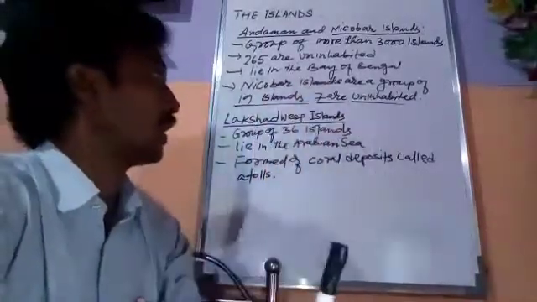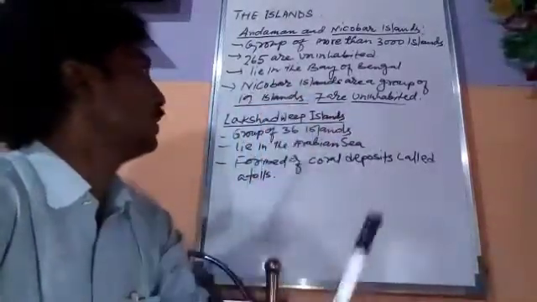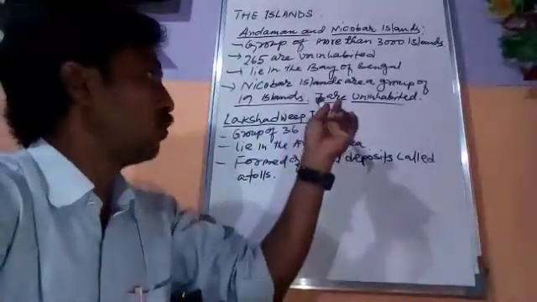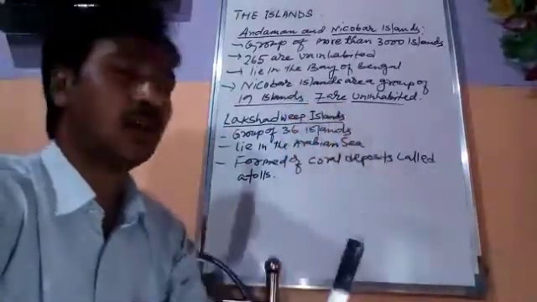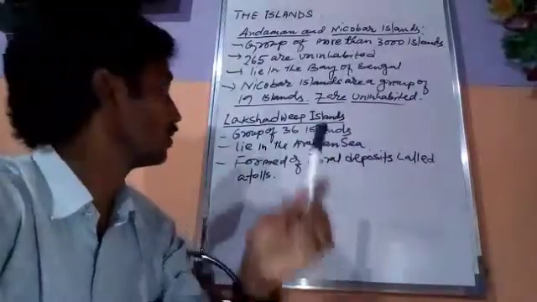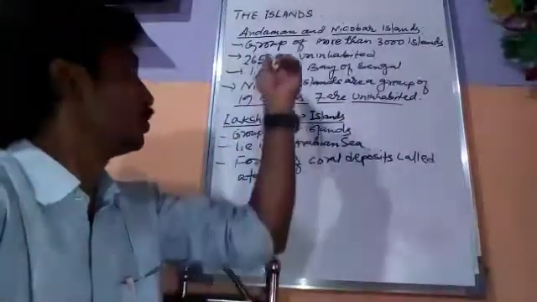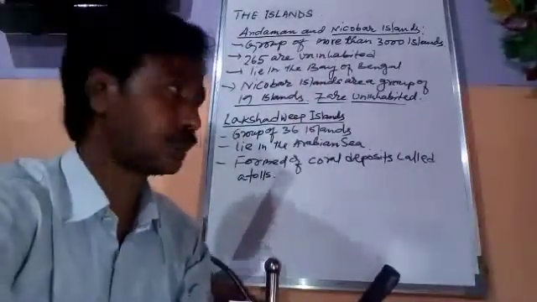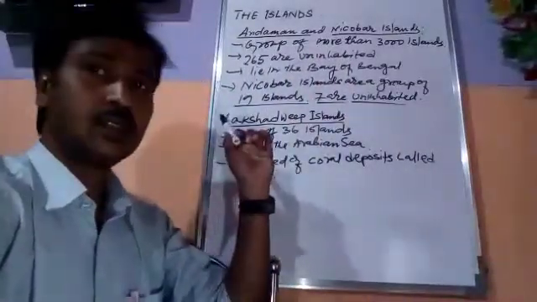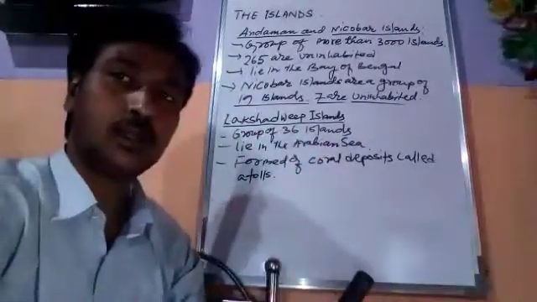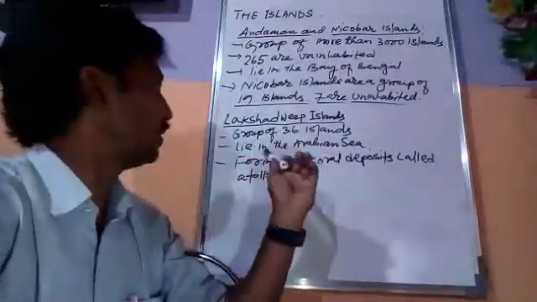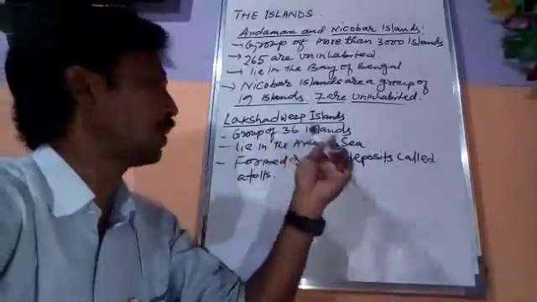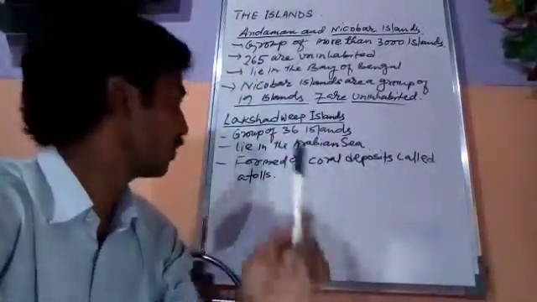The Nicobar Islands are a group of 19 islands, and among these 19, 7 are uninhabited. So this is about the Andaman and Nicobar Islands. Next is the Lakshadweep Islands. Lakshadweep is located in the Arabian Sea, and it is a group of 36 islands.